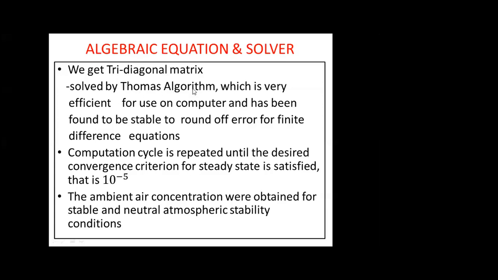It is very efficient on the computer and has been found to be stable, and the round-off error in the finite difference is being controlled here. So that's the advantage of having the tridiagonal matrix.